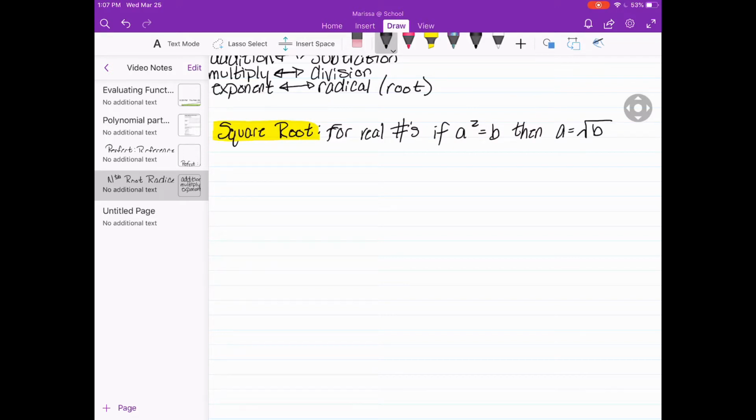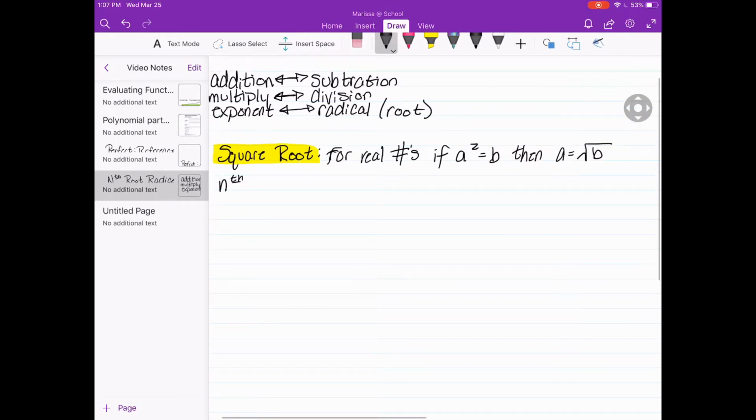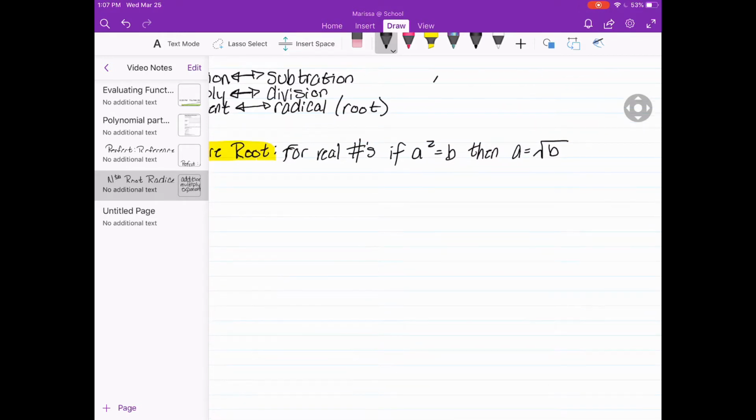The next thing that we have is the nth root. So we're not always going to have a square root. A square root is when there's no number on top of our radical symbol. Just so you know, this symbol means radical or root.